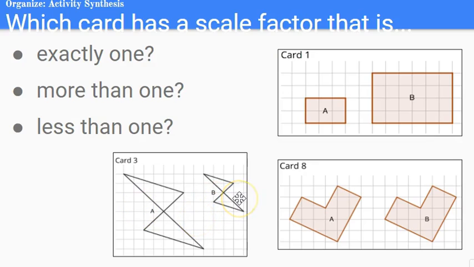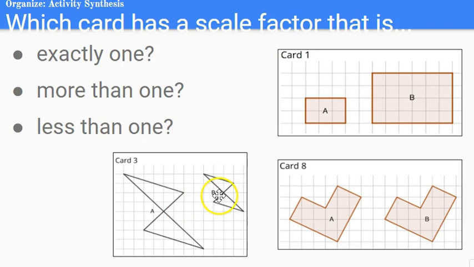In fact, it's going to be 1/2, because if that one height is half, then all these other lines have to be half since we know it's supposed to be a copy.